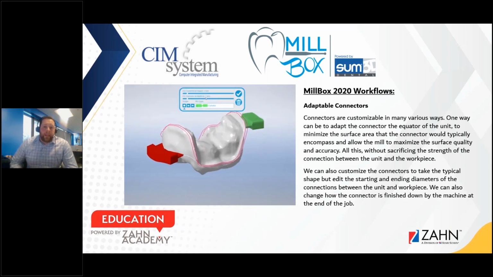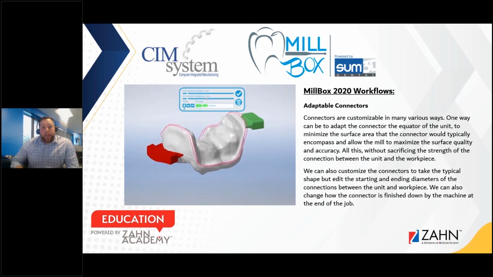In addition to that, you can also see on here these are probably different looking connectors. These are adaptable connectors. The adaptable connectors allow us to create a connector that's no longer just a single straight rod connecting the unit to the working part.